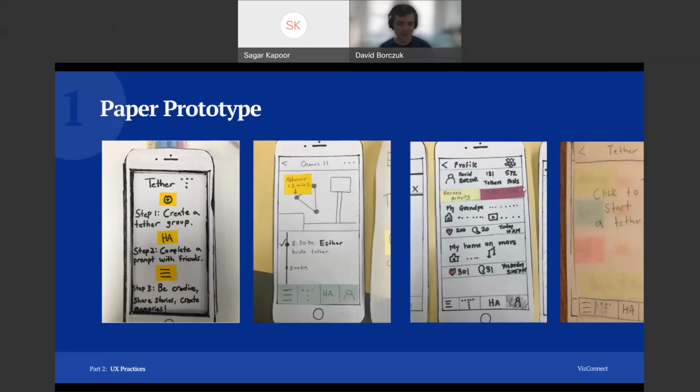And when I tested this, you basically took different screens out from the phone and you could replace different screens, and as you can see on the very right, there's like that wax paper that allows you to generate like a notification on top of your screen. So it's just an example of a prototype on paper, which is really, really interesting. And I found it amazing when I started to generate more ideas for my app.